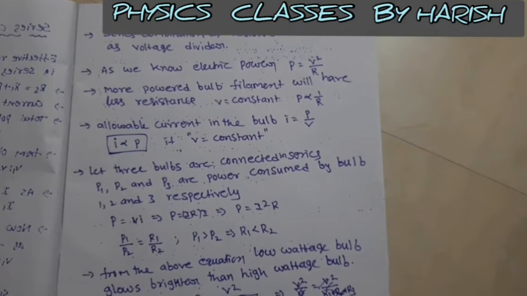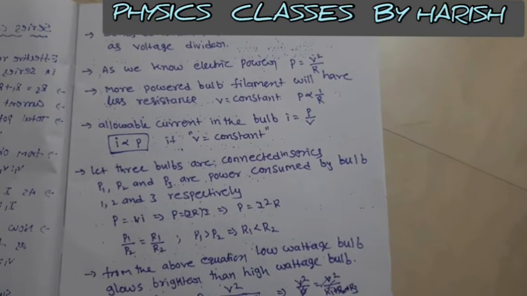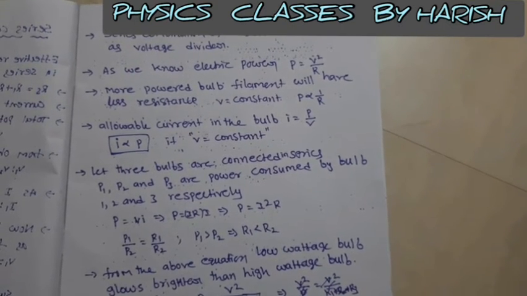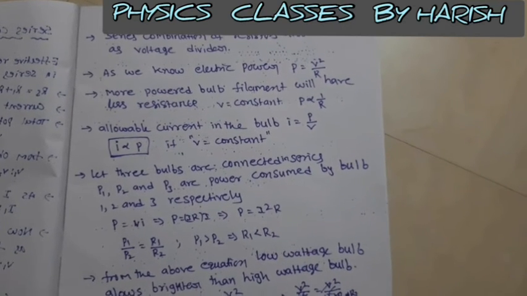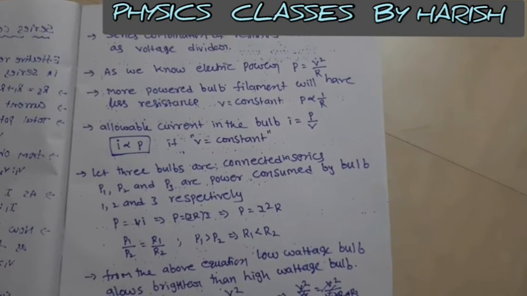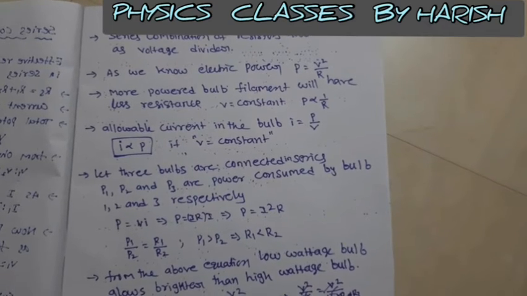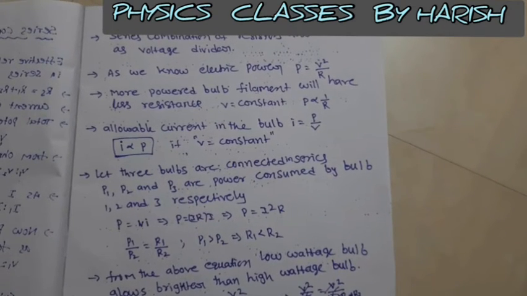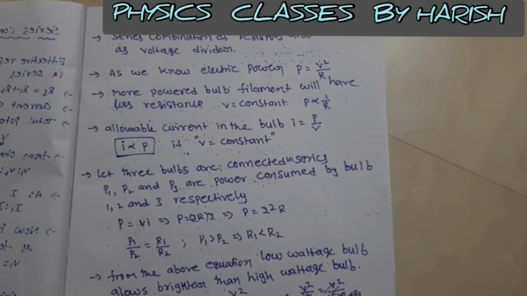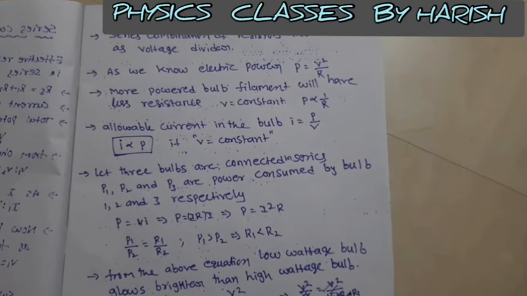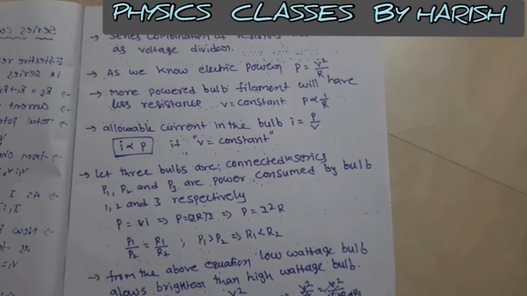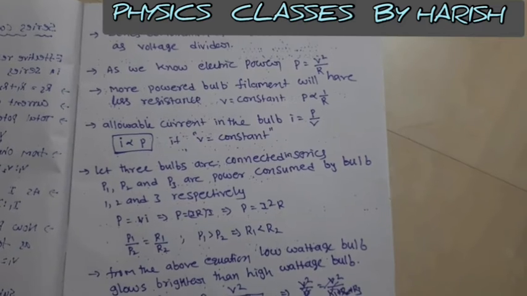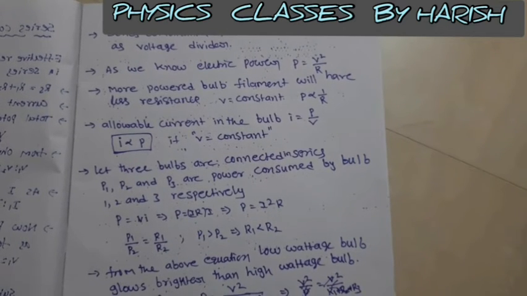P1, P2, P3 are the power consumed by bulbs 1, 2 and 3 respectively. Power P is equal to VI, and according to Ohm's law V is equal to IR. Then P is equal to IR into I, which can be written as P is equal to I square R. Now the ratio of the power consumed by the two bulbs can be written as P1 divided by P2 is equal to R1 divided by R2.